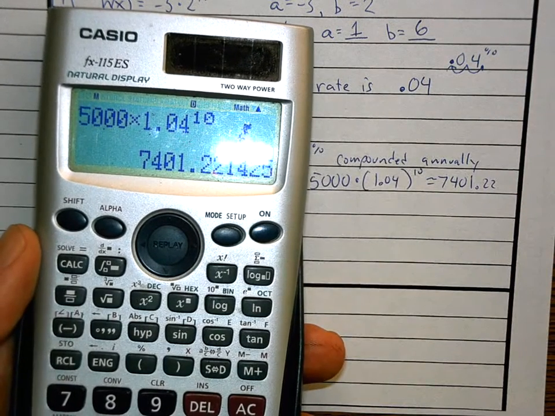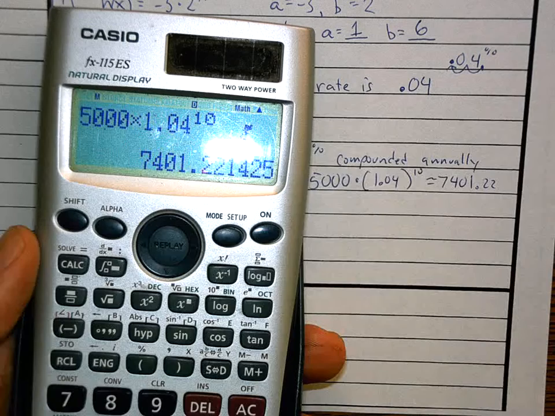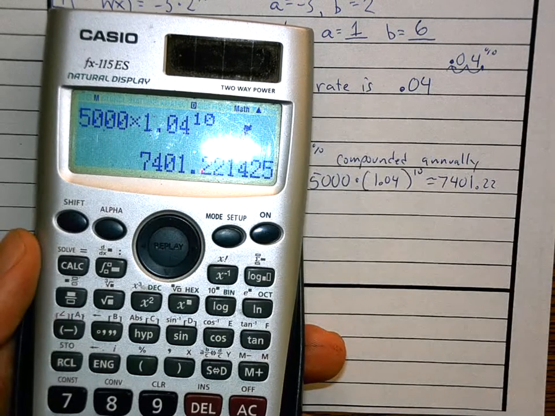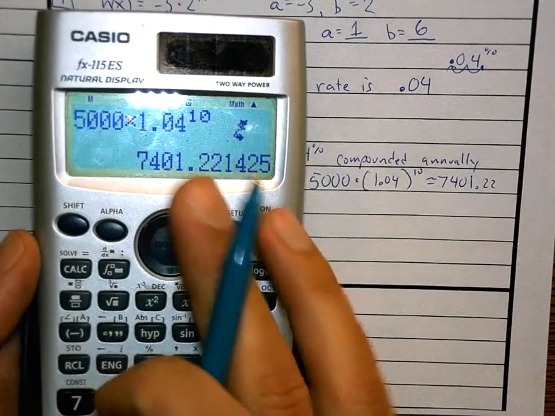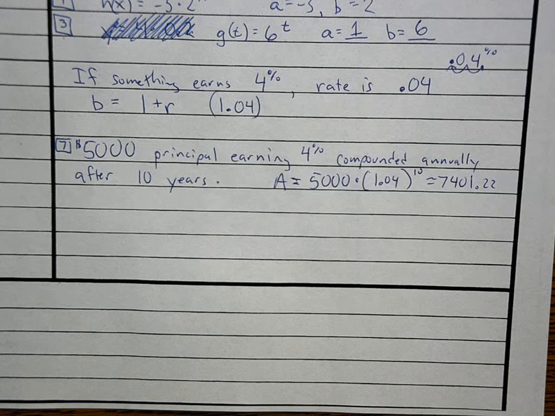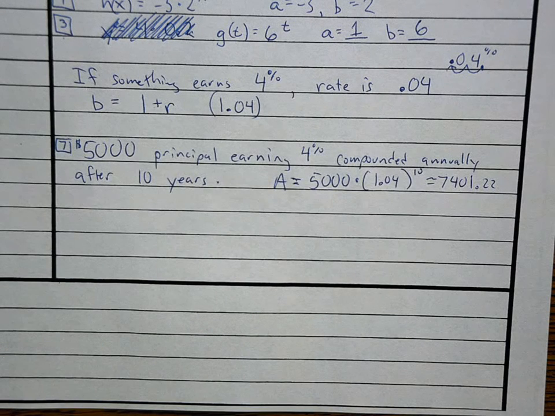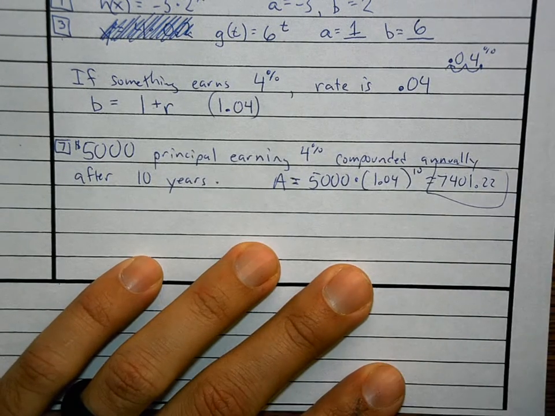If you want money to earn money, letting it compound year after year after year is one of the easiest ways to make money, but you can't touch it. It has to grow. This is one of the reasons why people who have a lot of money, their money just grows and works for them, not against them. And so that's what our answer is. That's what it's worth after 10 years. We're going to stop our notes right there.